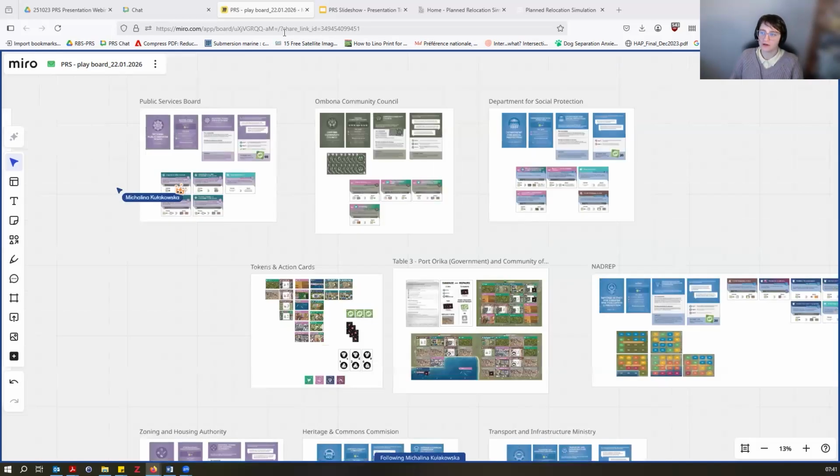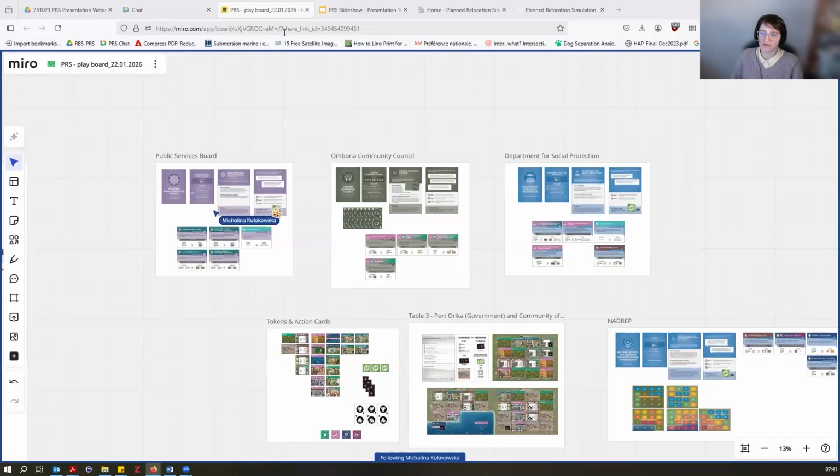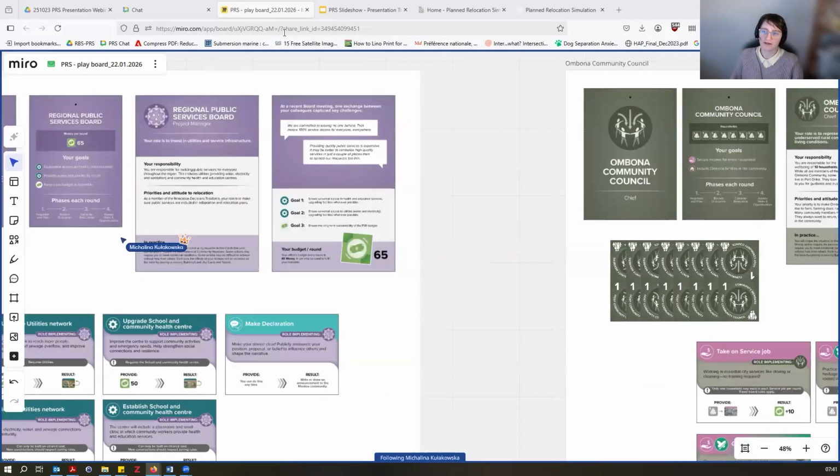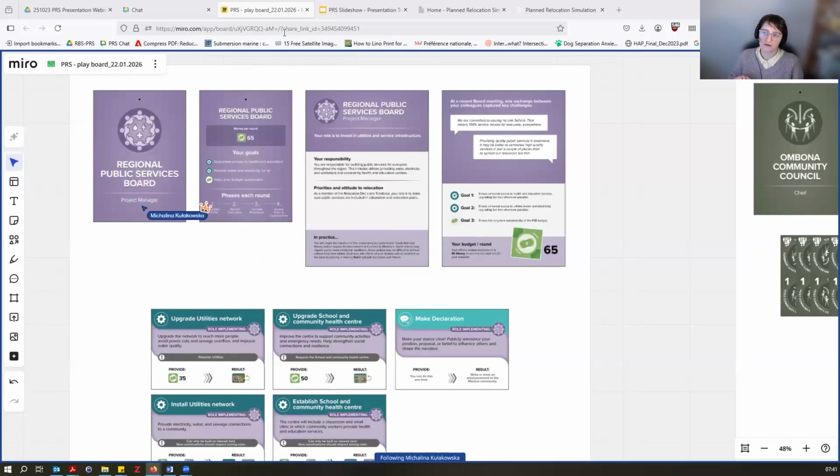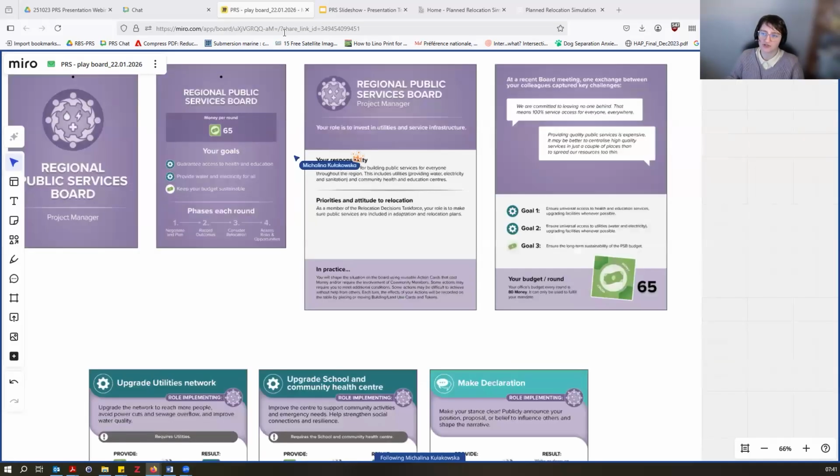Each role receives a number of different materials, first being the ID, which is two-sided. On one side, we see the logo of the organization. On the other side, you have the general short game flow, the flow of the workshop, but also the goals and resources that the role will receive to make their decision.